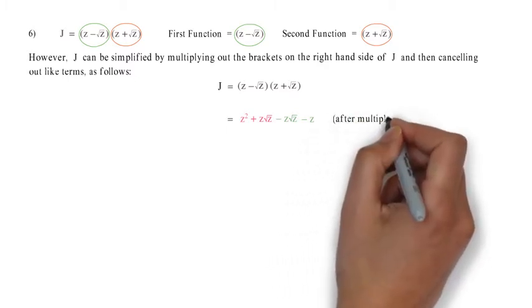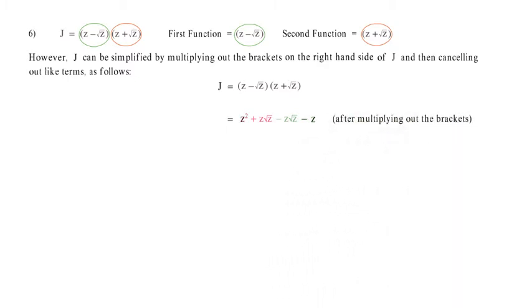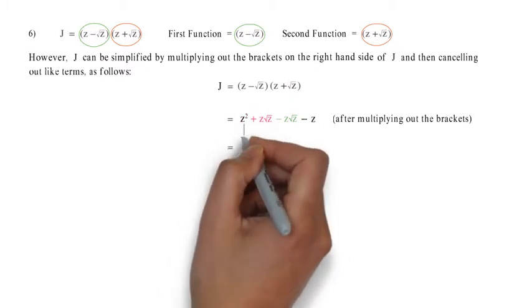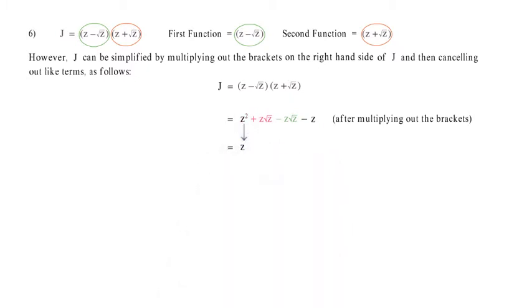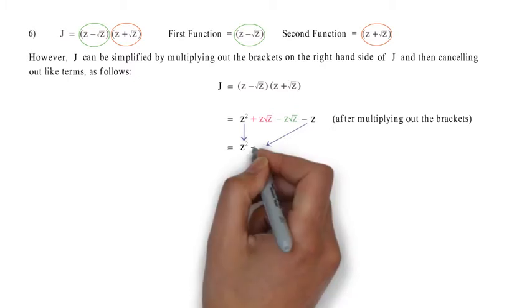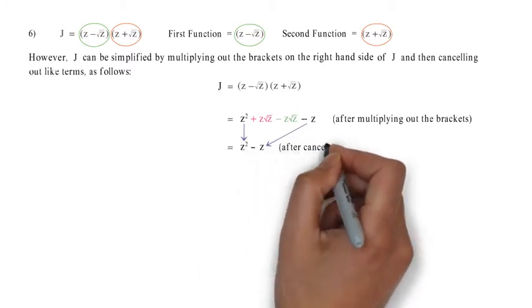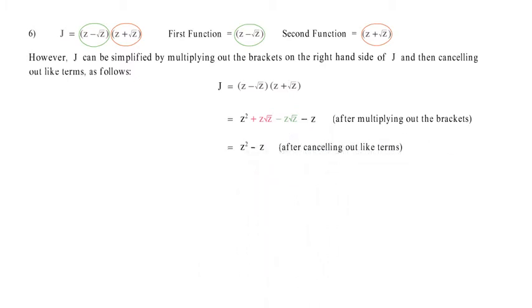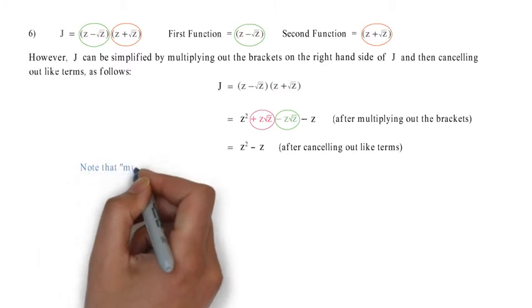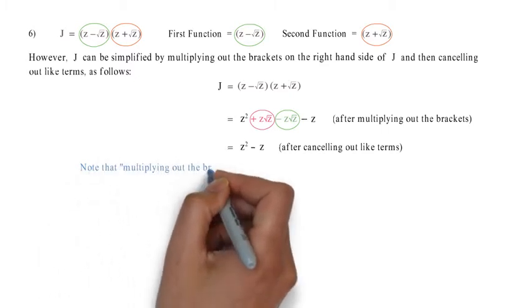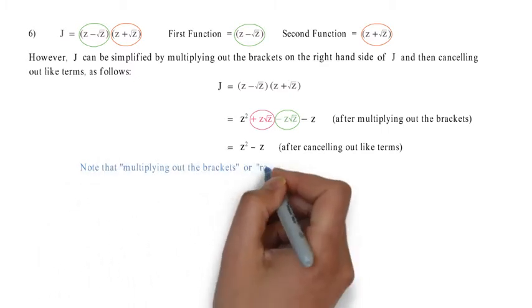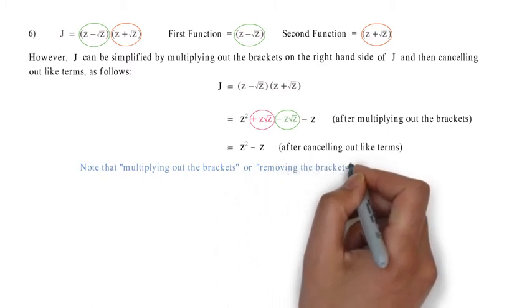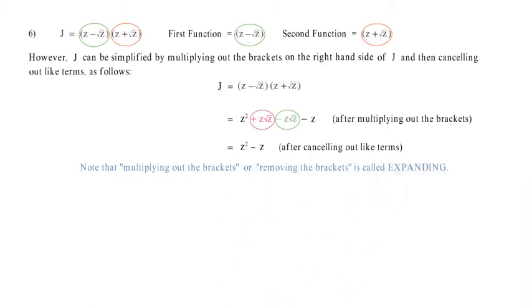After multiplying out the brackets, j equals z squared minus z after cancelling out like terms. Note that multiplying out the brackets or removing the brackets is called expanding.